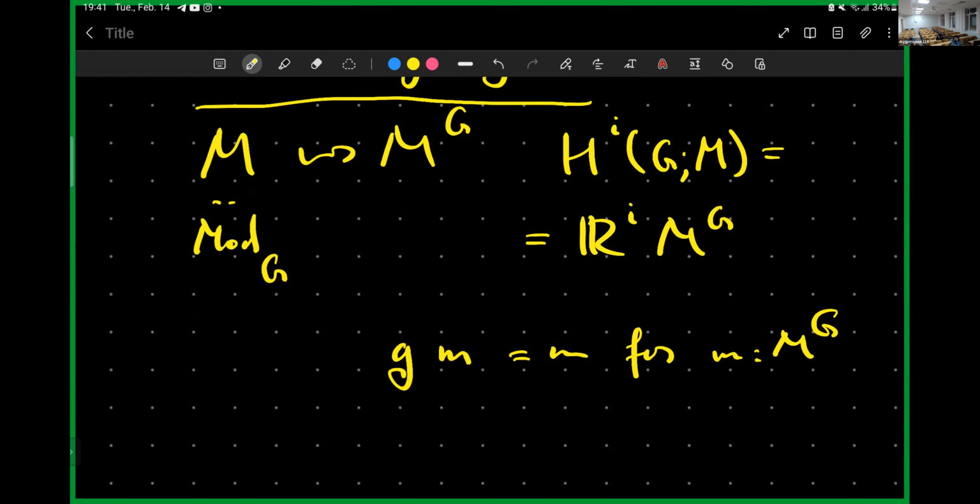G acts trivially. Why does the same hold for all the higher derived functors? Does anyone have a suggestion?